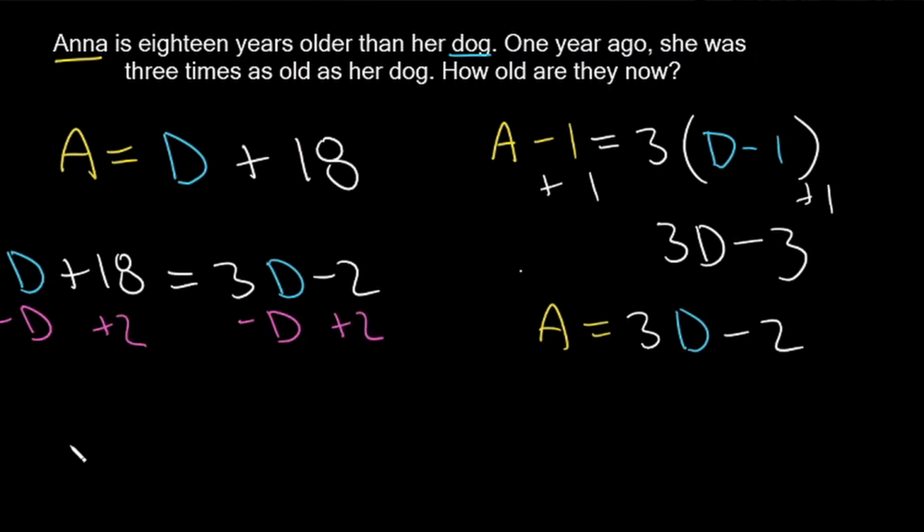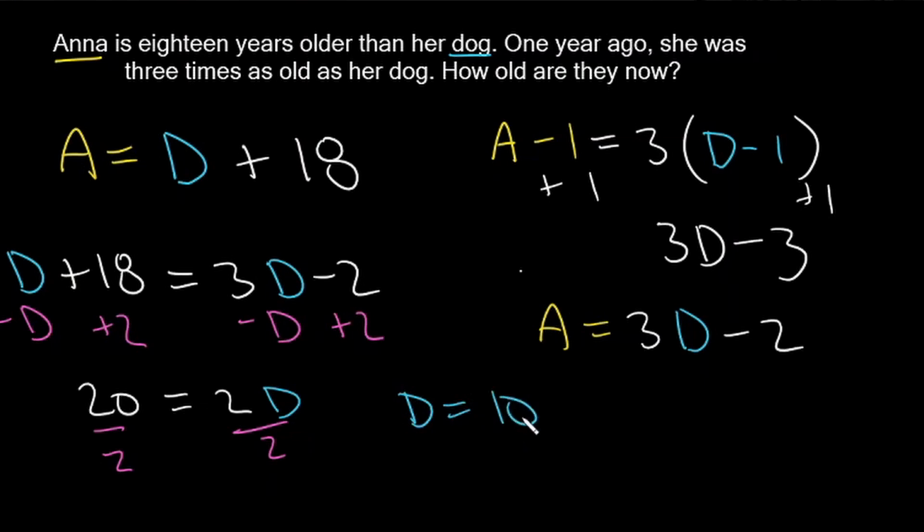And we'll end up with 20 is equal to 2 times d. And now we just need to divide by 2 on both sides. And if we do that, 20 divided by 2 is going to be 10. The dog's age is 10, so he is 10 years old.